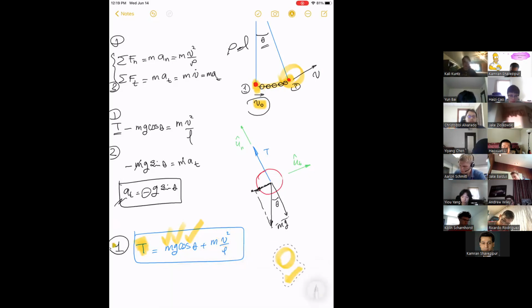And how we do that? Sorry, we need to find the velocity. How we do that? I have the tangential acceleration, and this is the path of motion. Can I use kinematics and relate the path of motion, delta S, acceleration and velocity?